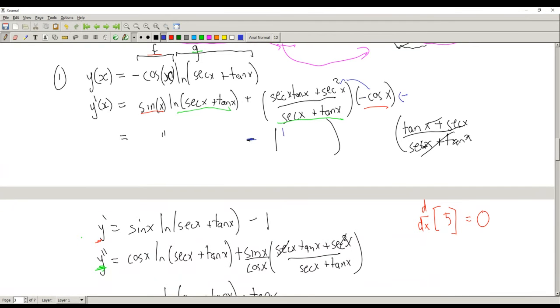So what we land up with is 1 multiplied by tan x plus 1 multiplied by sec x, divided by sec x plus tan x. Because the numerator and the denominator are equal, we can say that this is equal to 1.